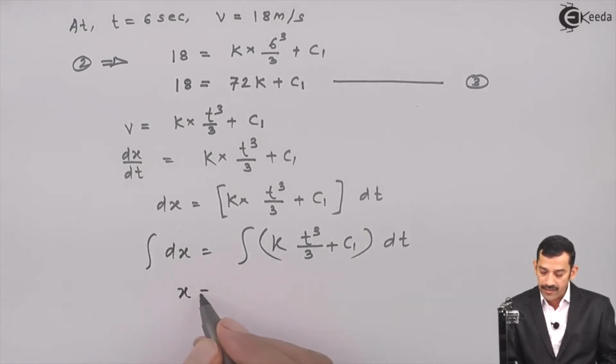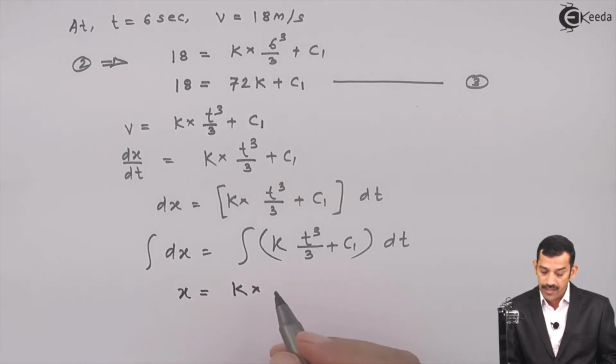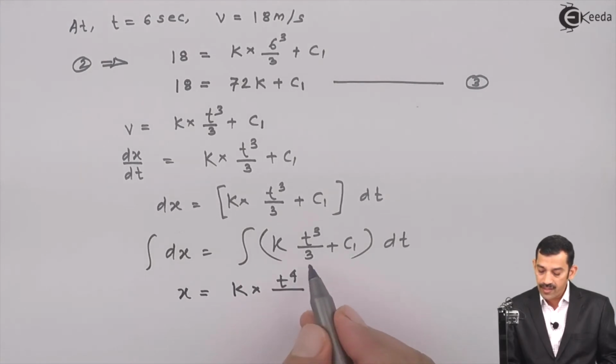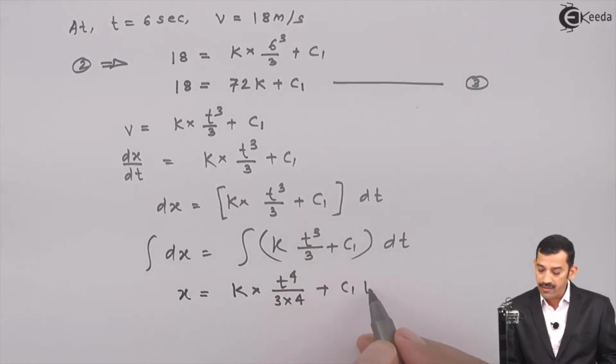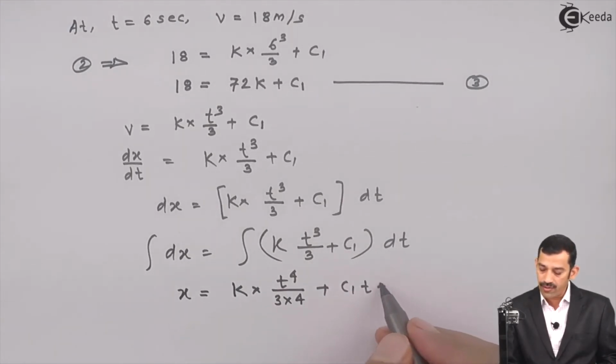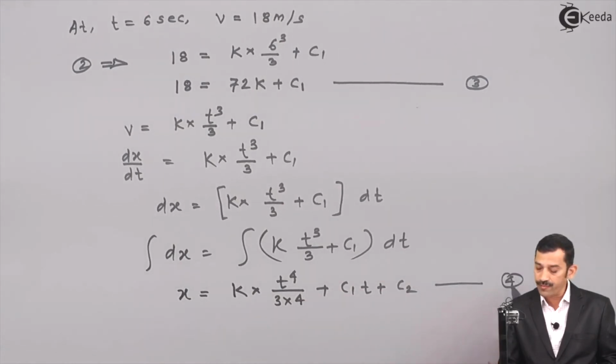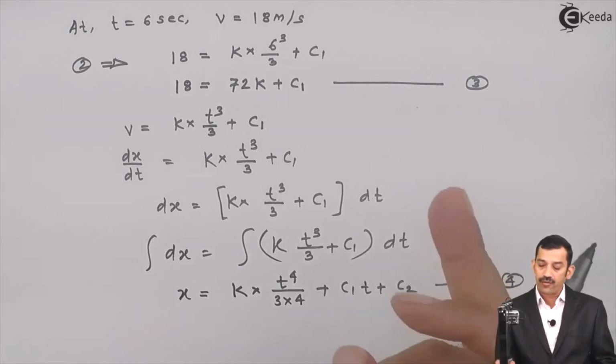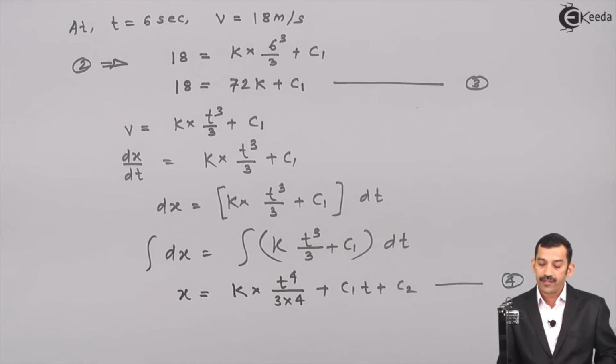Integral of dx is x, integral of t cube by 3 becomes t raised to 4 upon 3 into 4, that is 12, plus c1t, and one more constant of integration, c2. Say this is equation number 4. That means we are getting a relation between c1, c2 and k. One more relation available is the relation between k and c1.